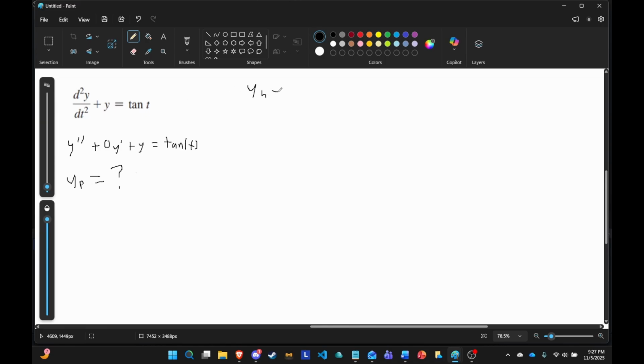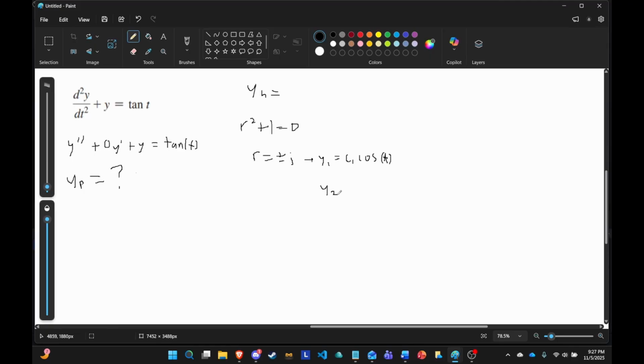So y of h, we're going to keep that up there, and we're going to find our characteristic polynomial, which is just r squared plus 1 equals 0. Solve that for r, we get r equals plus minus i. And then this very easily translates into y1 is going to be c1, and that's going to be cosine of t.